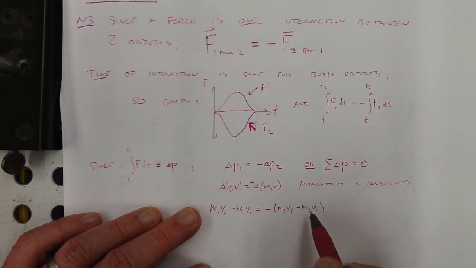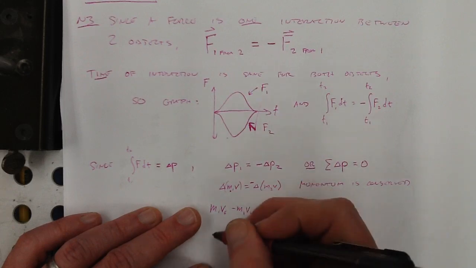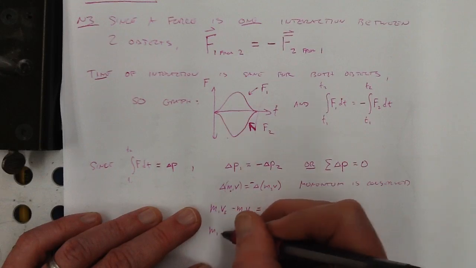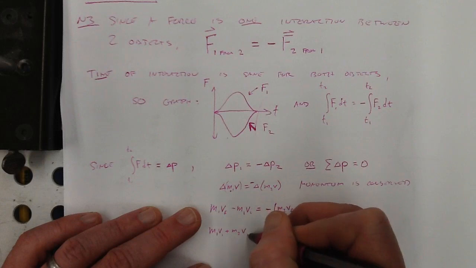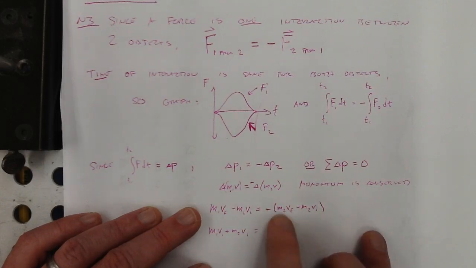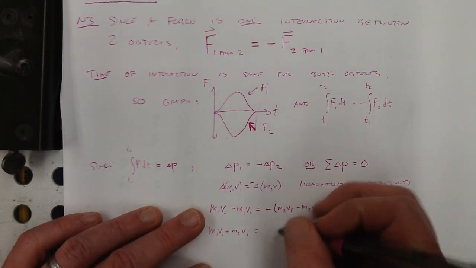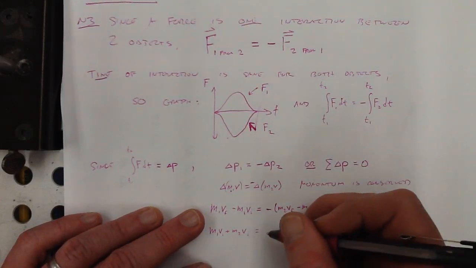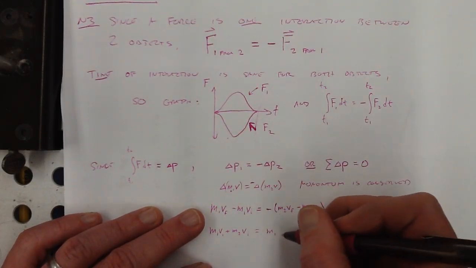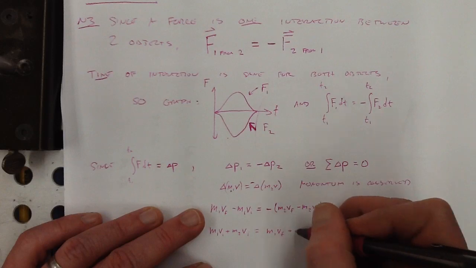So if I left the initial over here on this side, it would be positive, and then if I added that over there, then I'd get m1 times its initial velocity plus m2 times its initial velocity. And then if I move this one over here, you can check all the signs. It's just algebra that I'm doing here.